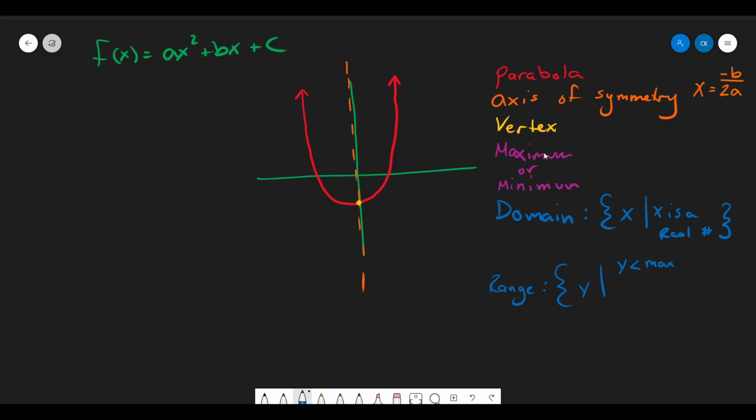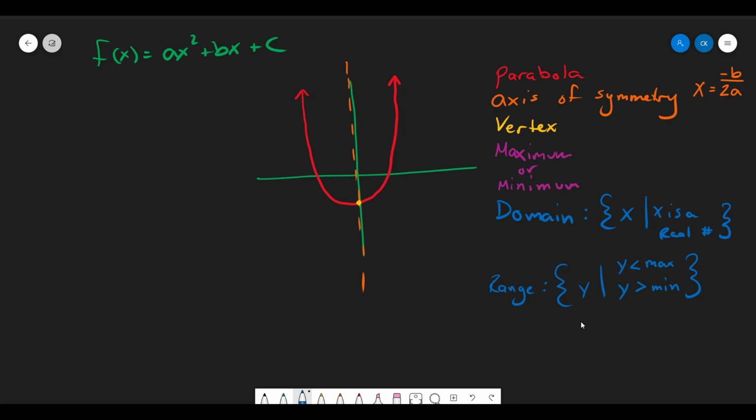Do not put max, put the number, right? So if this was a y value of negative 2, you would say y is less than negative 2. But it's whatever the maximum value is. If it's a minimum, you'd say y is greater than whatever the minimum value is. And again, you're working with the y value, not the x value, because obviously range deals with y.